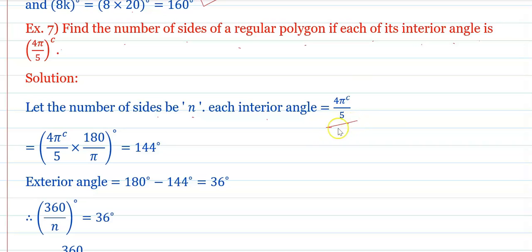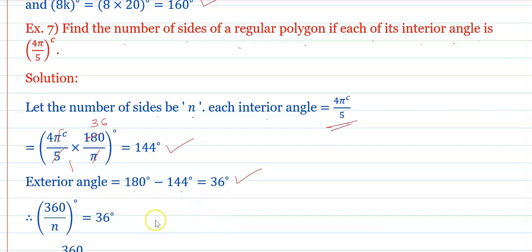Now we'll convert this radian to degree, and we will multiply 4 pi radian upon 5 by 180 upon pi. Again this pi will get cancelled. 180 upon 5, and that we will get here 36. 36 into 4 you will get 144. Therefore the exterior angle equals 180 minus 144, and that equals 36.